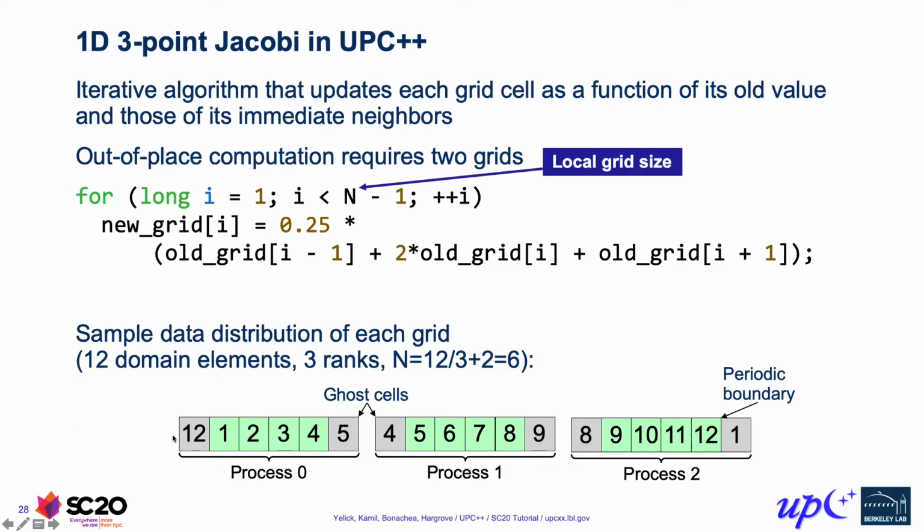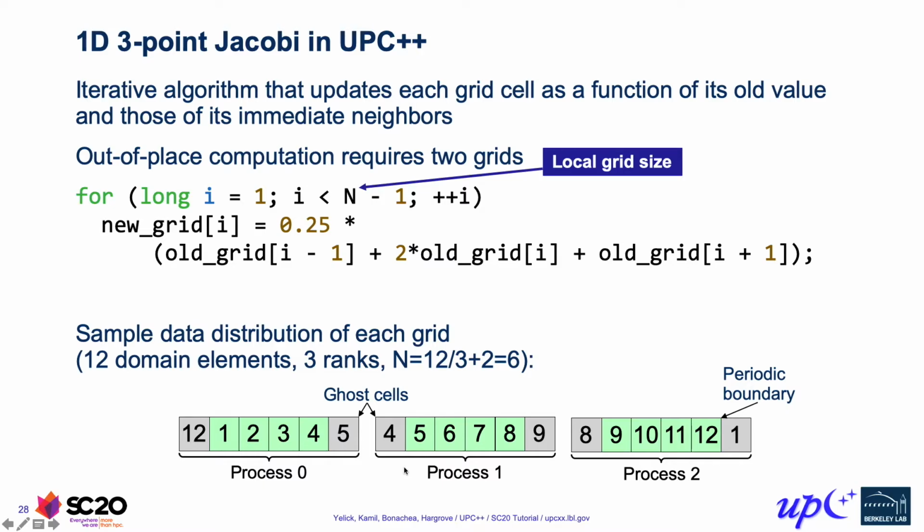So we'll assume that we've distributed our grid across all of our processes. This illustrates distributing 12 elements over 3 ranks. And so these are actually shaded in green in the middle, the actual elements. The other thing that we'll do is we will also maintain ghost cells, which are copies of the elements on our neighboring processes.